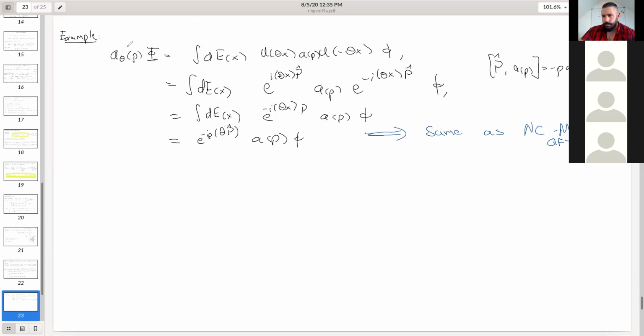Let's deform the creation operator, or the annihilation operator, a. So I take the spectral integral. The spectral integral basically, if you have a self-adjoint operator X, is the integral representation of this operator. For example, I want to take X squared.